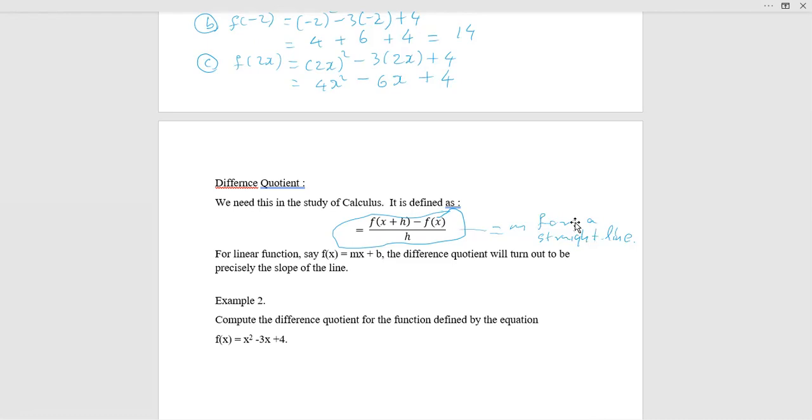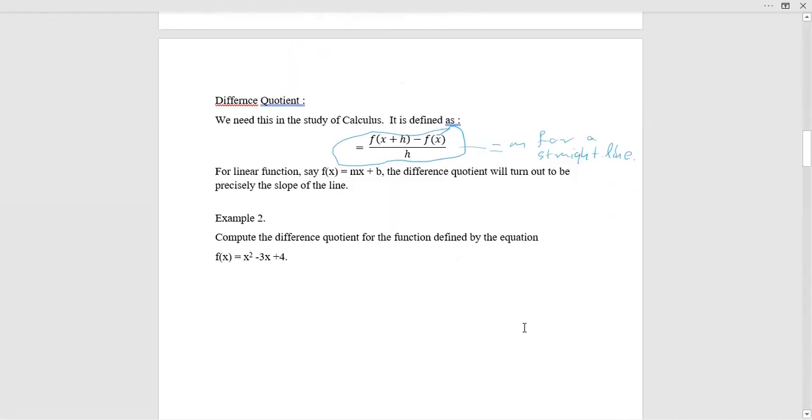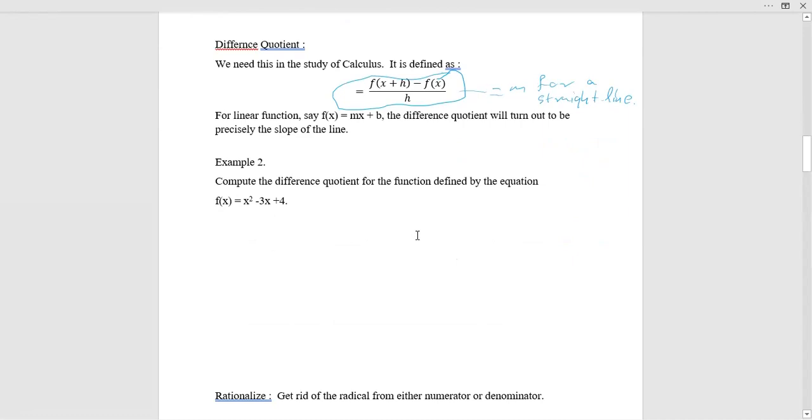Example 2. Compute the difference quotient for the function defined by this equation. Okay, let's do this. Solution. f(x) is this.